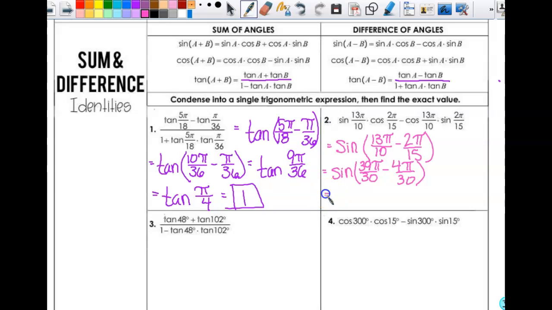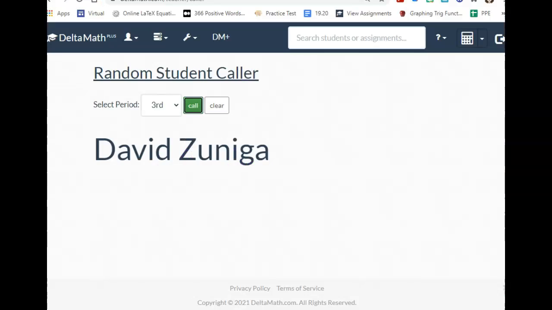So then that becomes the sine of 35 pi 30ths, which is probably not a value that you know, but that's okay, because we can simplify that, and 35 pi 30ths reduces to what, Gwyneth?